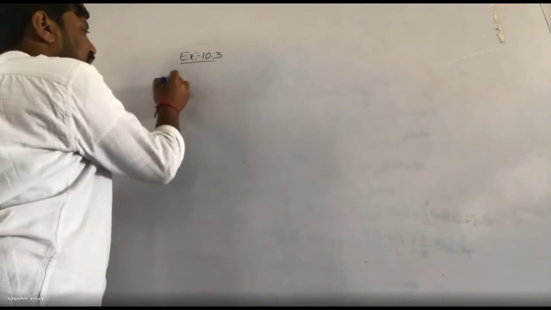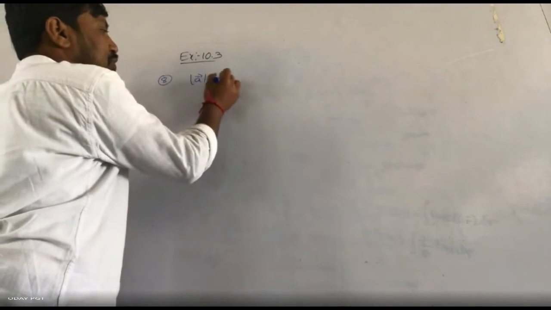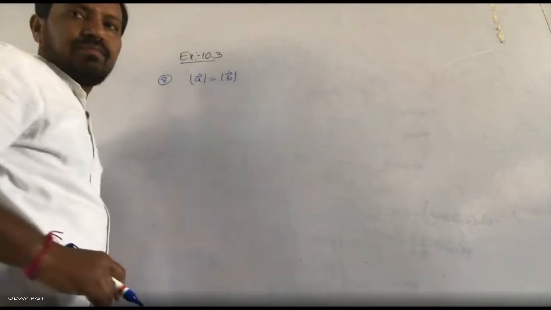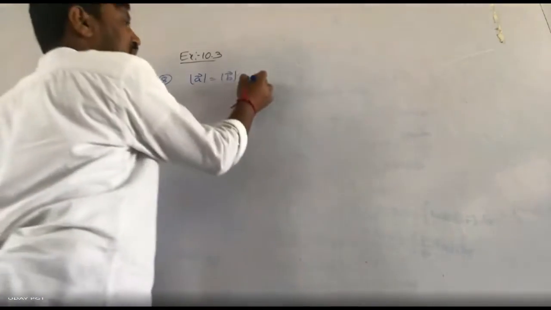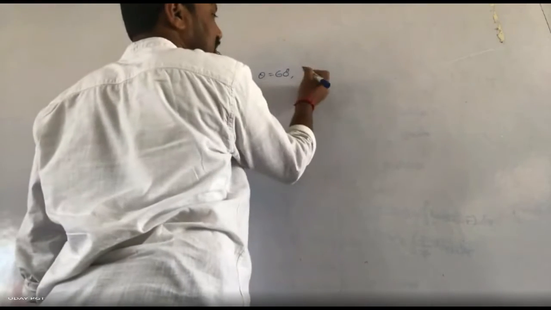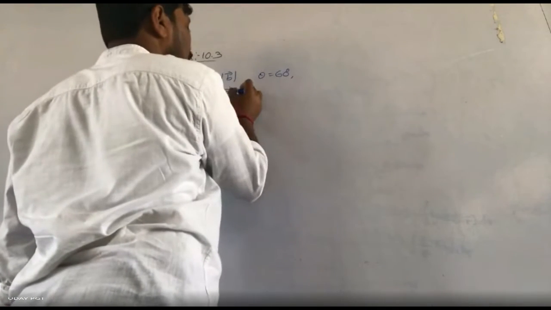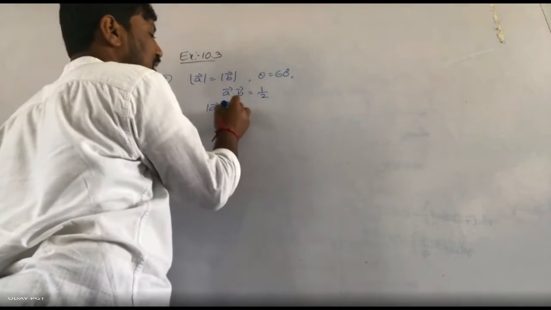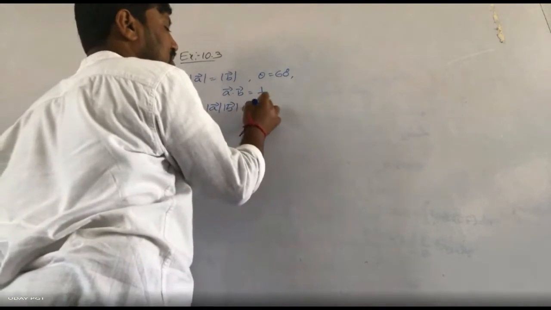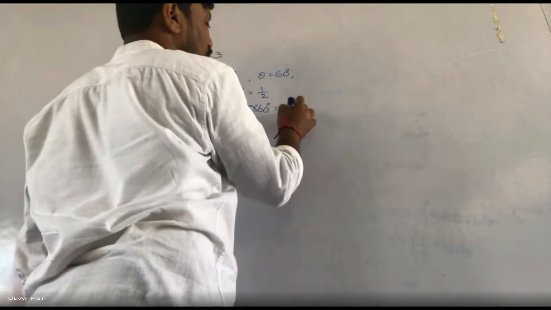The question is given to you: two vectors have the same magnitude, the angle between them is theta equals 60 degrees, and the dot product of these two vectors is 1 by 2. So the dot product is magnitude of A times magnitude of B times cos 60 degrees, equals 1 by 2.